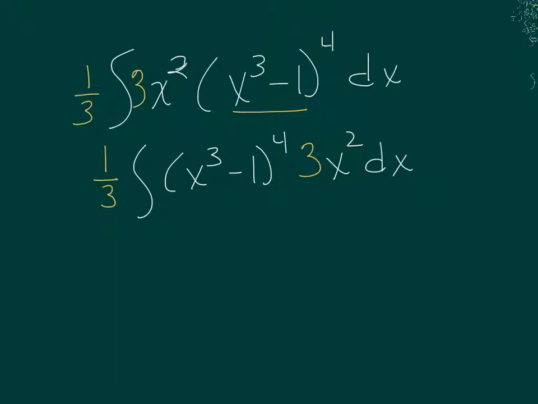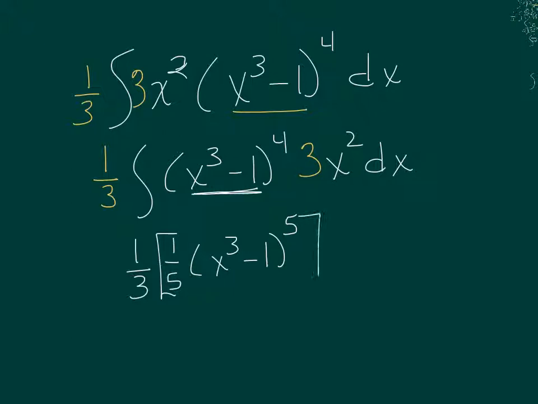I've got the derivative of this inner function, and my answer is going to be 1/3 times (x cubed minus 1) to the 5th over 5, or times 1/5, plus c, or 1/15 times (x cubed minus 1) to the 5th plus c.